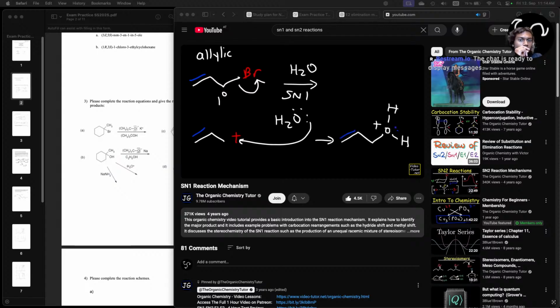The last step is deprotonation: we take off a hydrogen atom, and this gives us an allylic alcohol. Typically, whenever you react water with an alkyl halide, you get an alcohol as a major product, regardless of whether it's an SN1 or an SN2 reaction.